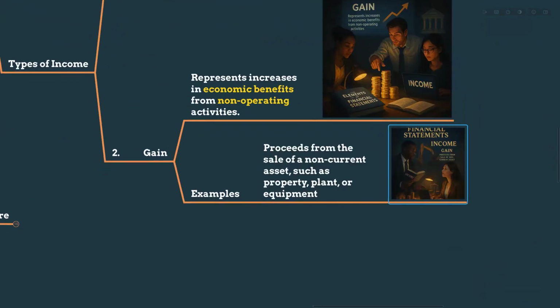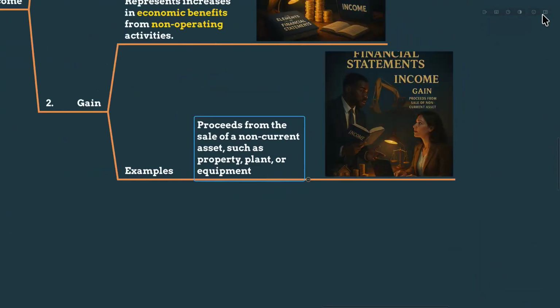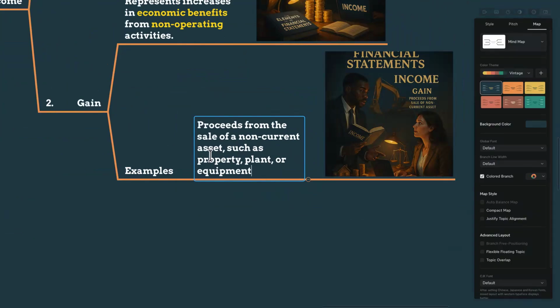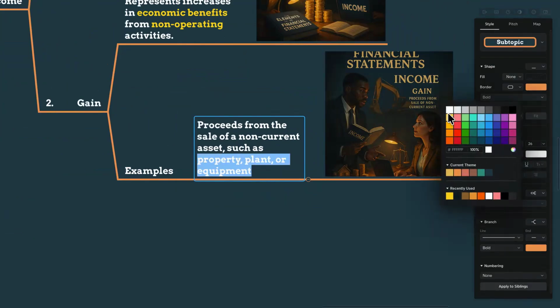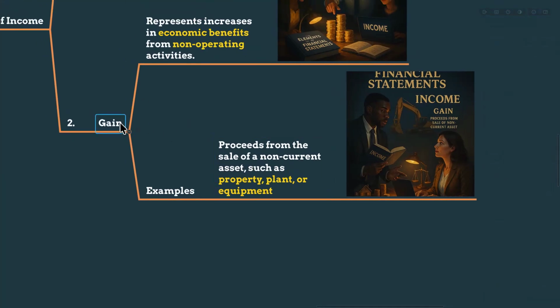So what are the examples? The proceeds from the sale of a non-current asset, right? You are selling your property, plant and equipment. That is a gain, because you are not selling your laptop or your building or your land every day, every month. No. So these are considered as a gain.